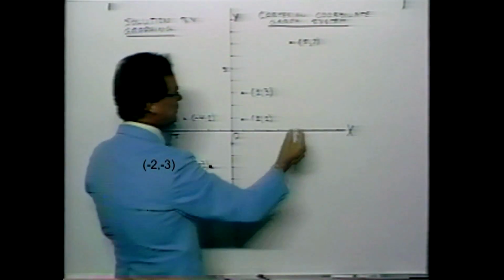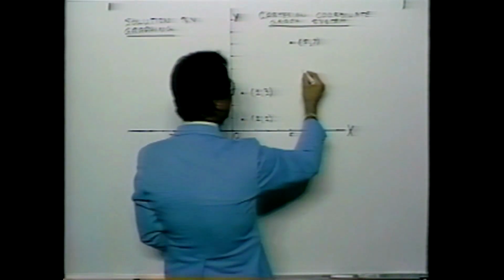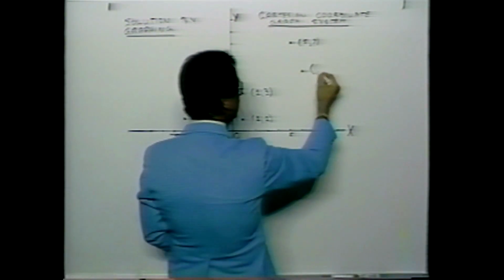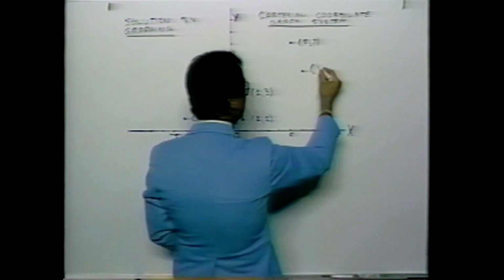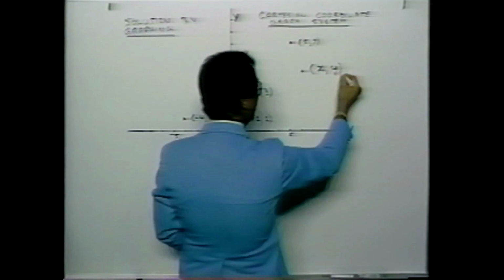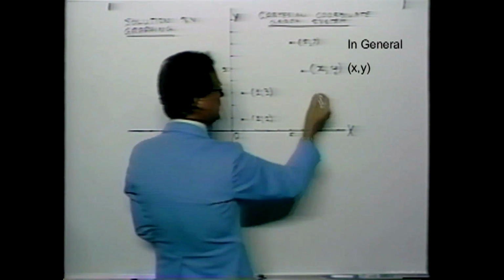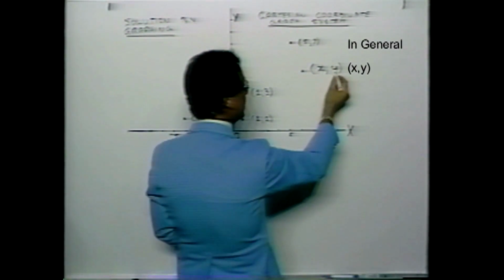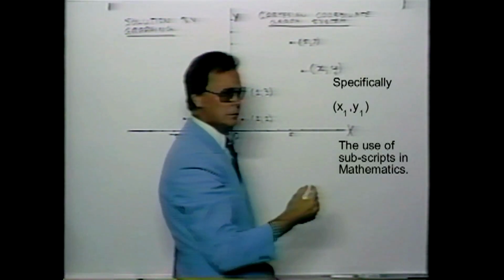So any general point on the Cartesian plane is referenced by an x value followed by a y value. This is sometimes referred to as the x-coordinate or y-coordinate.